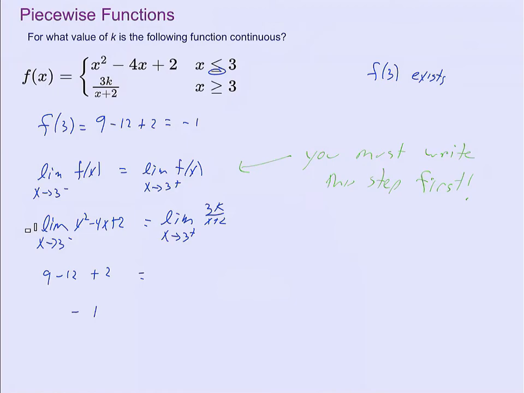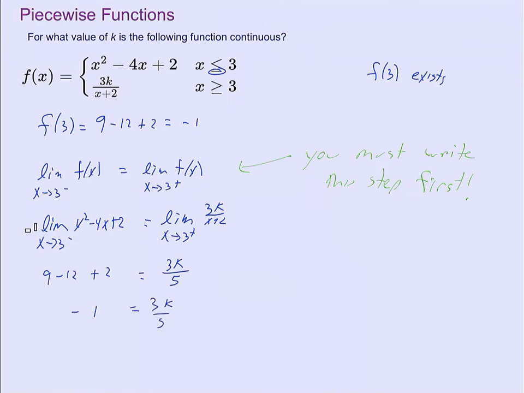The limit of 3k over x plus 2 as x approaches 3 from the right is also super easy. We can do direct substitution for that too. It is 3k over x plus 2 when x is 3, which is 3k over 5. Notice how I did not plug anything in for k, because we're talking about what happens when x approaches 3, not when k approaches 3. So I'm not going to plug anything in for that k.